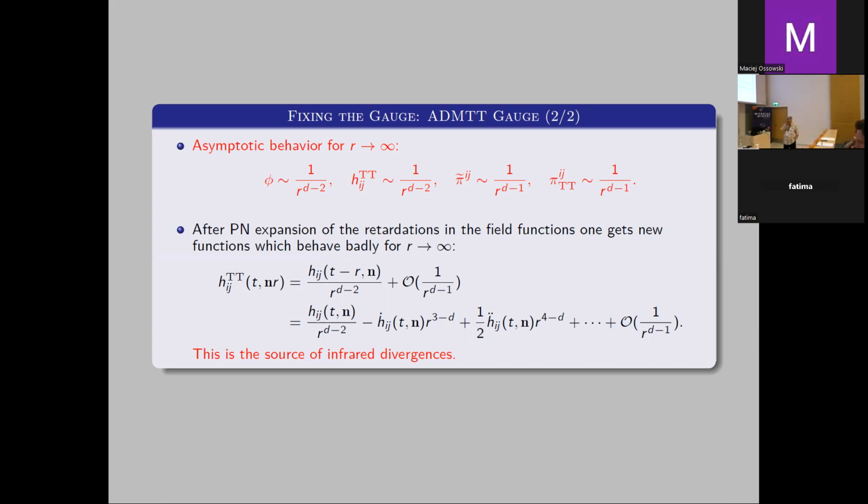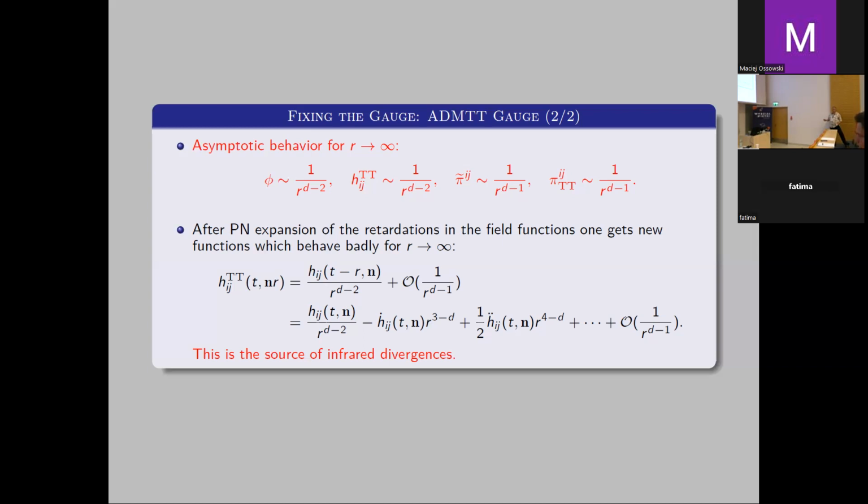But to be consistent with the post-Newtonian scheme, we have to expand these retardations, because post-Newtonian theory means that at each post-Newtonian level, gravity is propagating at infinite speed. And then the problems begin, because after doing this, you see that the next terms start to behave badly at infinity.